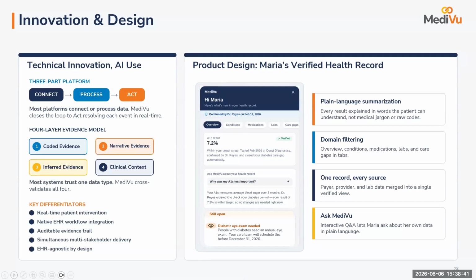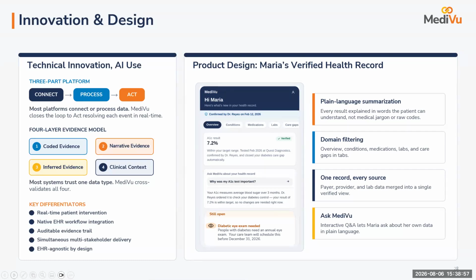Before anything moves forward, we surface clinical evidence that structured data alone would never find. Most platforms use a single data feed and clean up the mess later. MediVu validates at the source, and that's what makes what you're about to see from Maria possible.